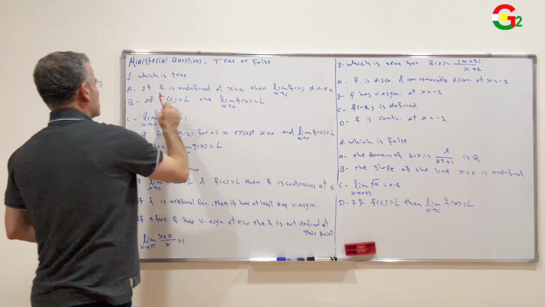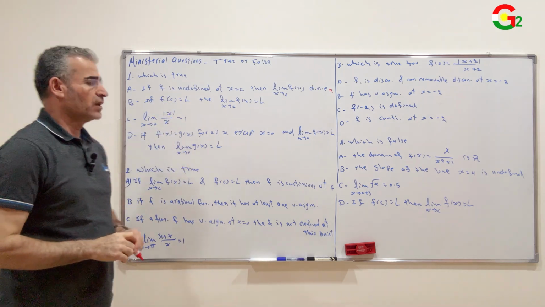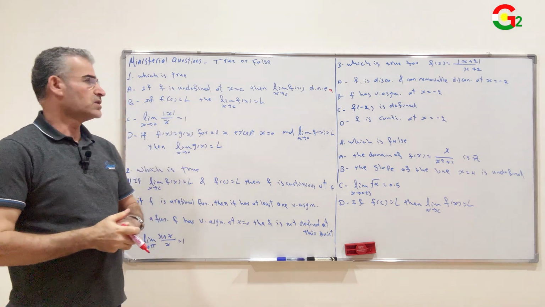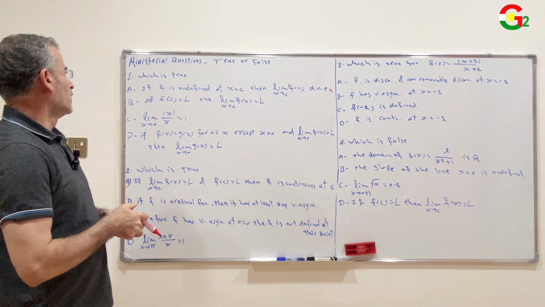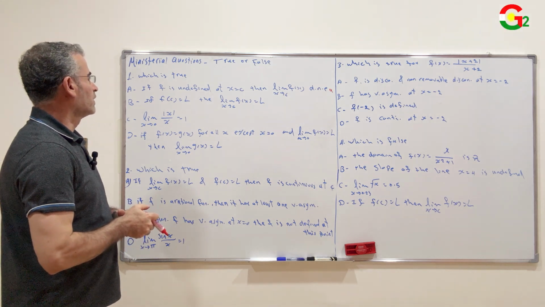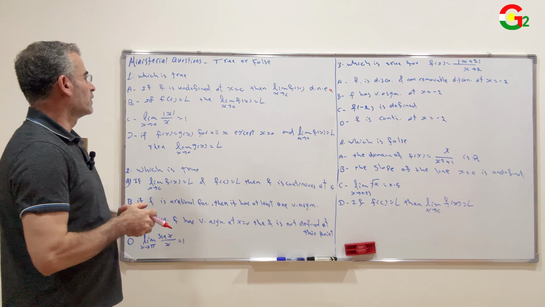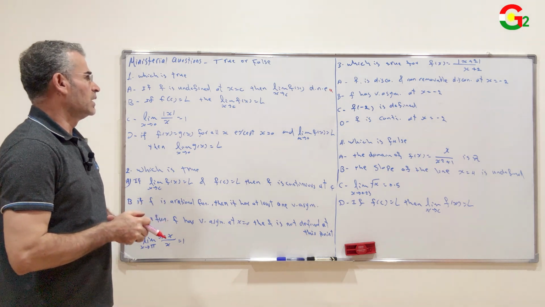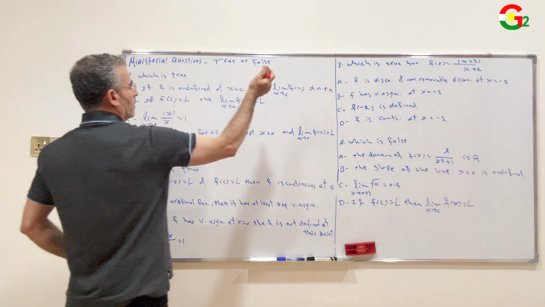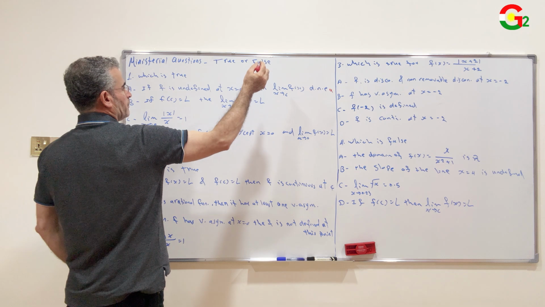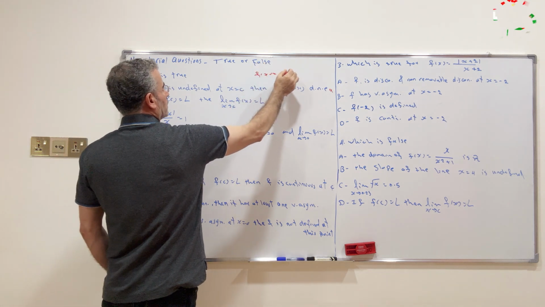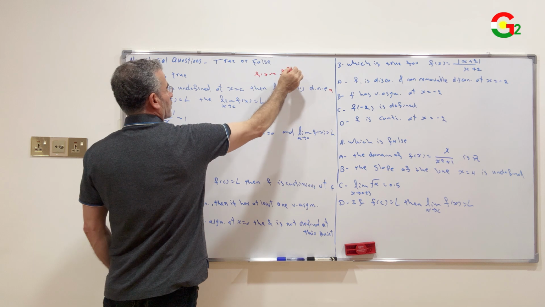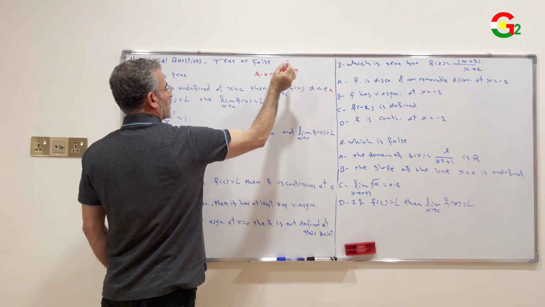It is not necessary for the function to be undefined for it to have no limit. Many functions are undefined at a point and still have a limit, for example the function f of x equals x power 2 minus 9 over x minus 3.